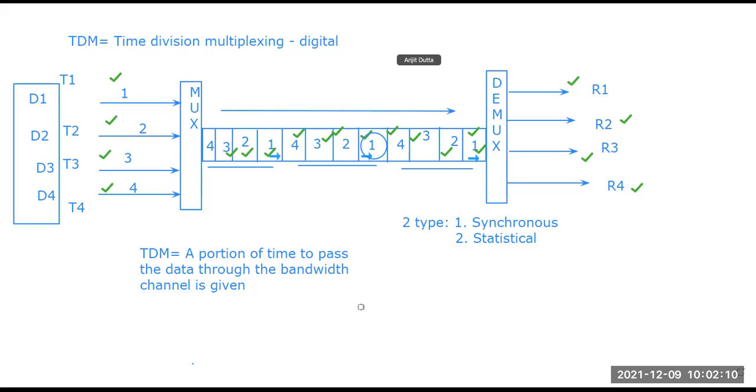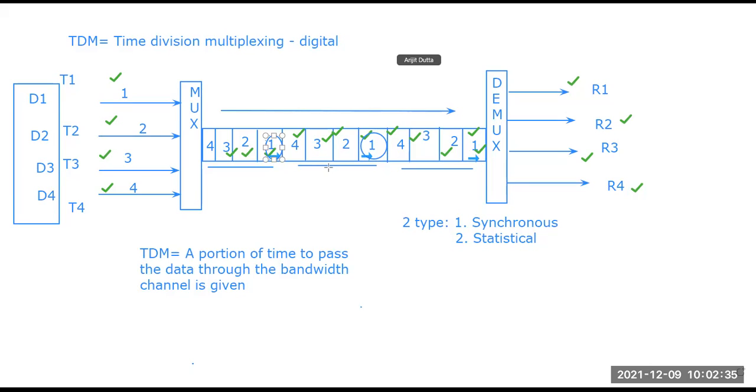So in the synchronous scenario, the synchronization is there, whether the devices are sending any data or not, but the synchronization is maintained. Now in the scenario where some data comes again to D1 to send, since the synchronization is present here, it will again send the data at the given time. So the synchronization is there, nothing like that.